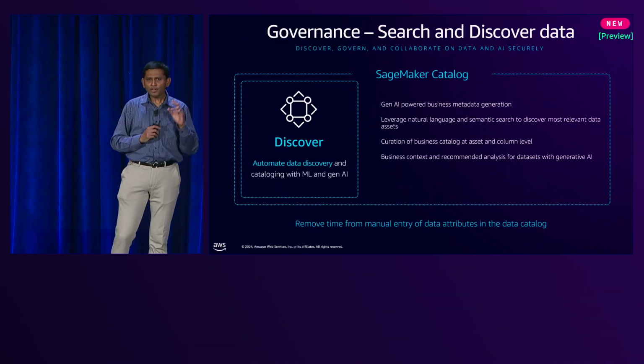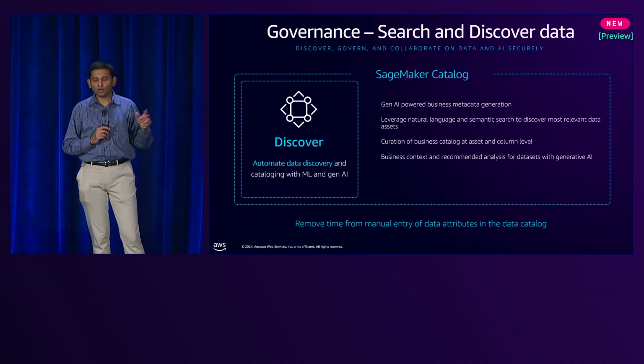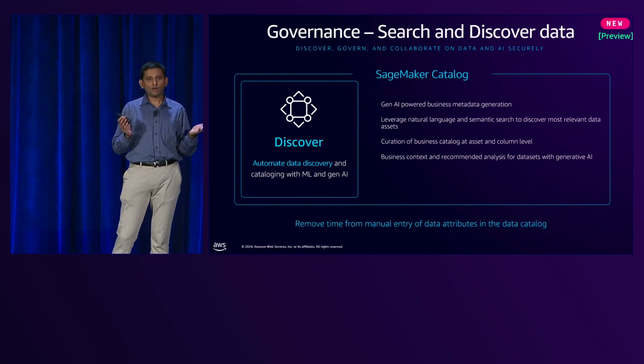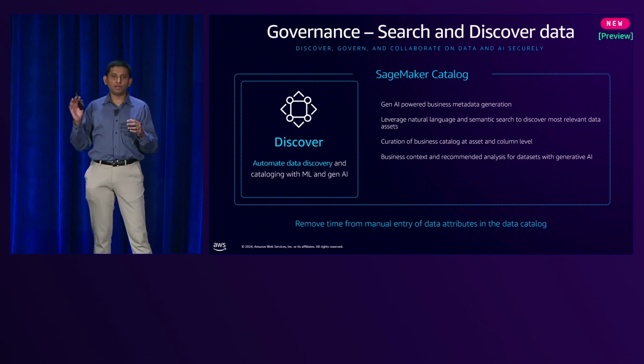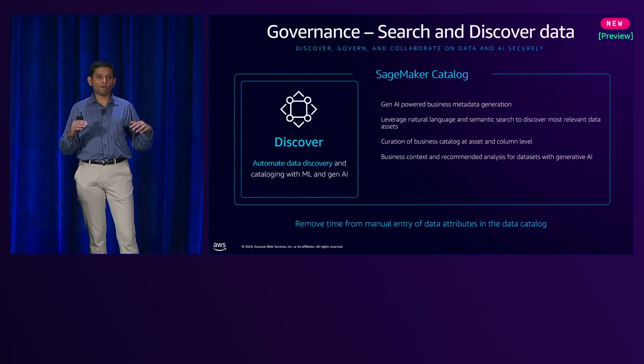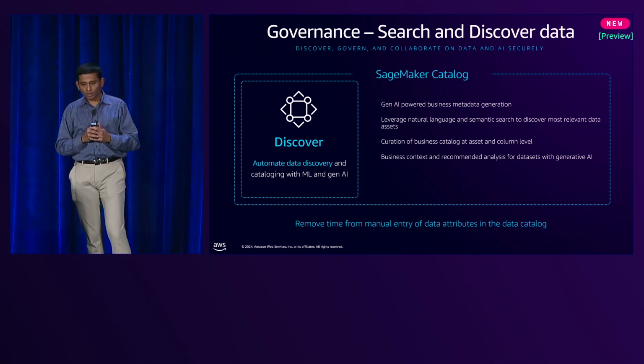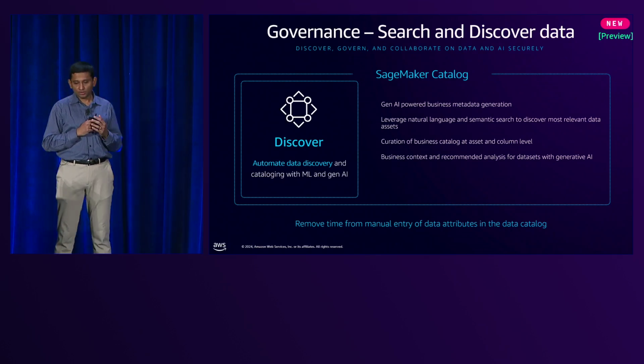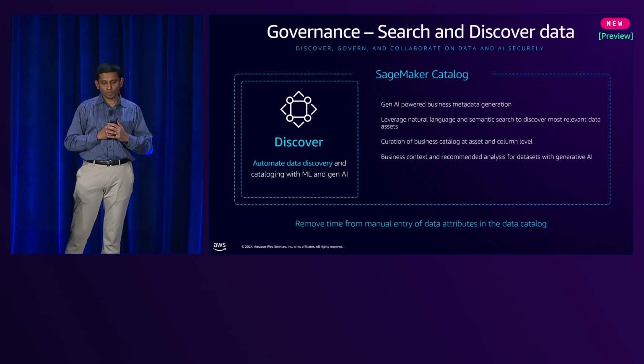So we talked briefly about SageMaker catalog. With SageMaker Unified Studio, you can discover your data and AI assets at scale with Amazon SageMaker catalog, which is built on top of Amazon DataZone. SageMaker catalog provides governance and collaboration in SageMaker Unified Studio.